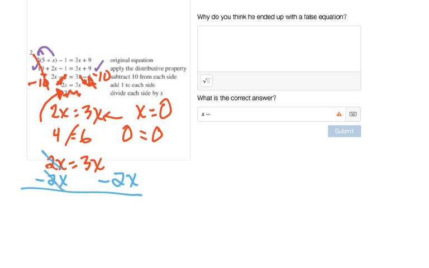If I have 2x and I take 2x away, I get 0. And when I have 3x and I take 2x away, I get x. So there is his error. So the answer is x is equal to 0. Okay, that's a really challenging one to think about. And I just want you to think about what I just talked about.